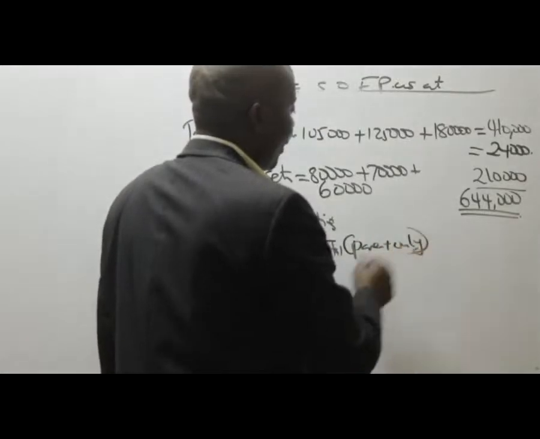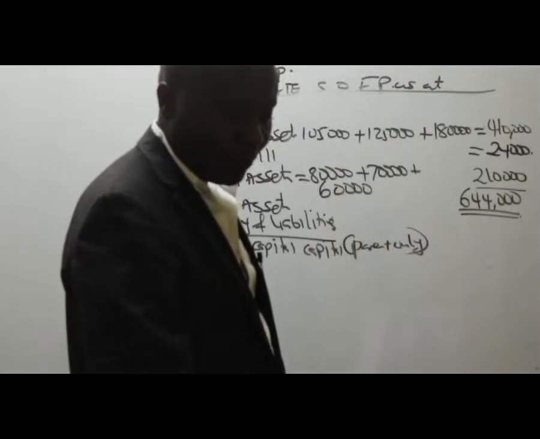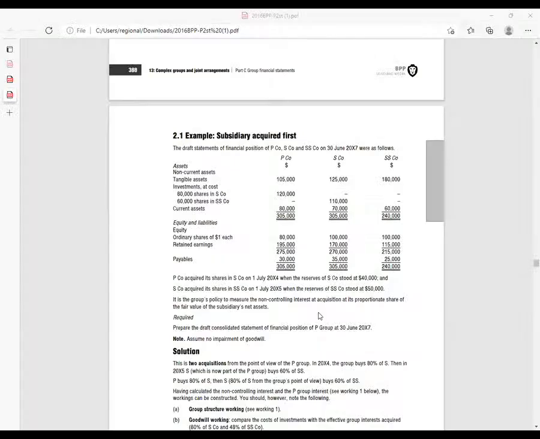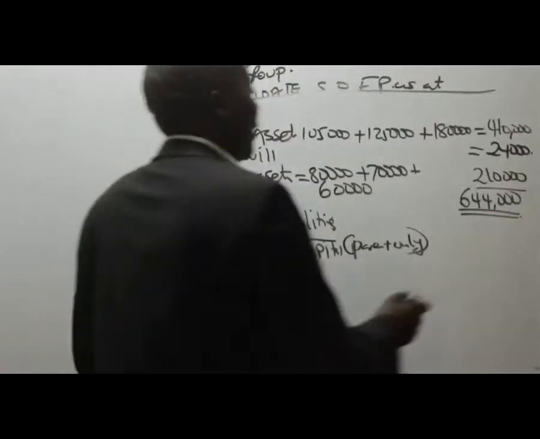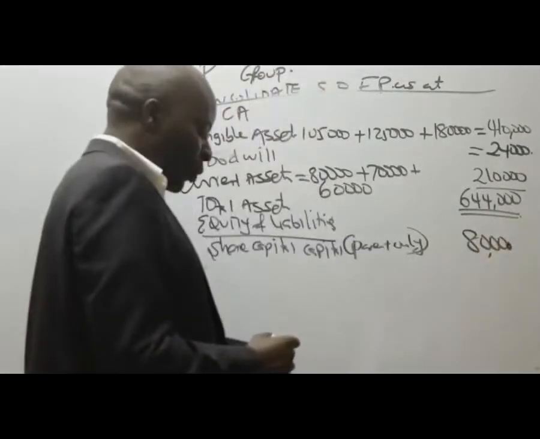Looking at the equity ordinary shares of the parent, you can see 80,000. That's what we pick. Now, apart from this share capital, do we have anything else?